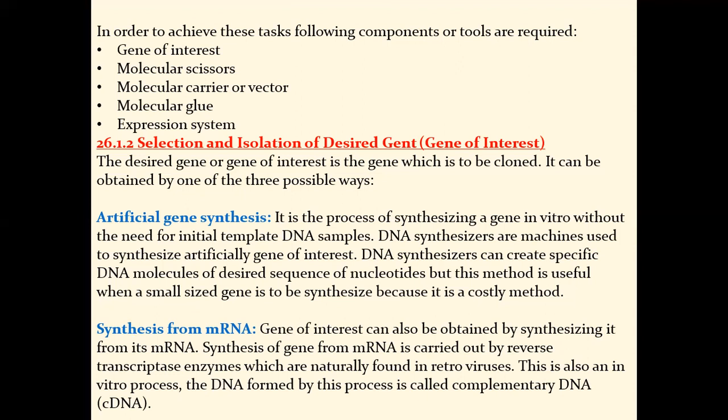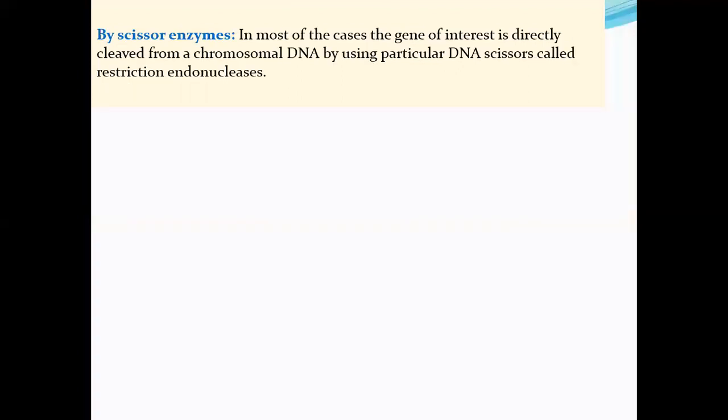They usually frame a question in MCQs, that is, what is reverse transcriptase? It means that the synthesis of gene from messenger RNA is carried out by the reverse transcriptase enzyme, which is naturally found in the retroviruses. This is also an in vitro process. The DNA formed by this process is called the complementary DNA, the cDNA.